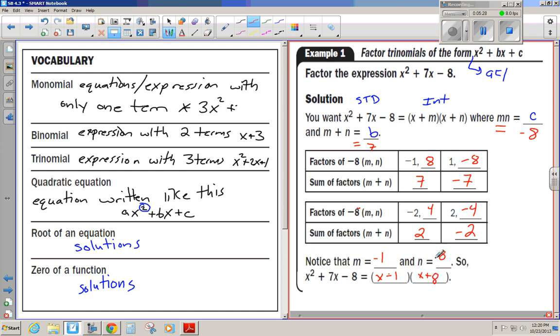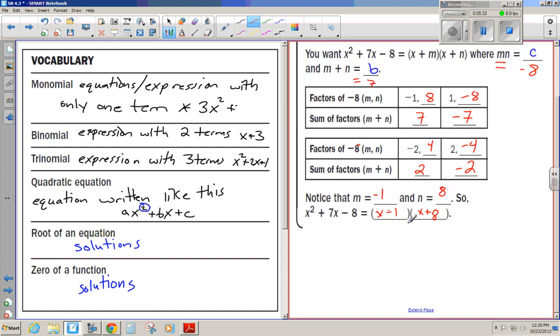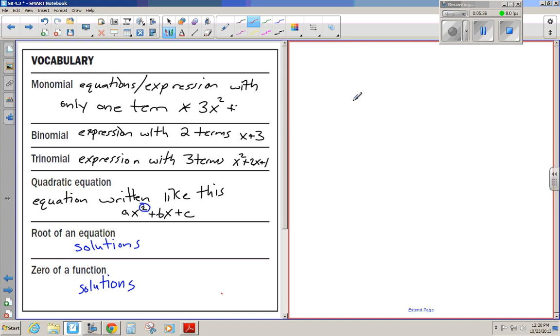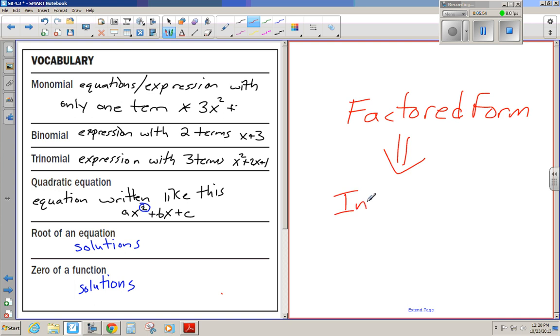That's factored form. Now, once you factor this, once you put it in intercept form, actually, let's add a little thing here. Let's say that factored equals intercept form.